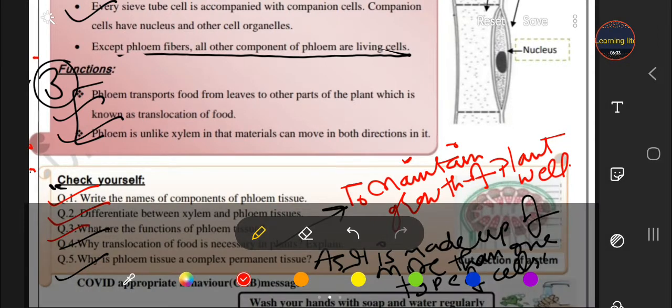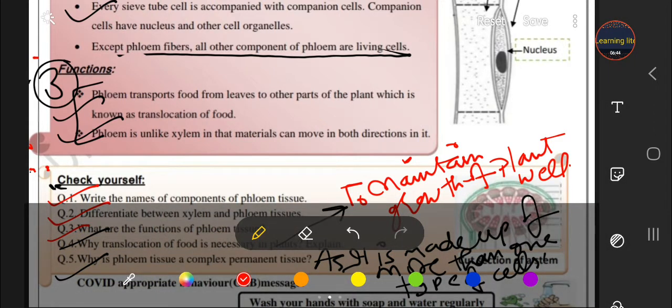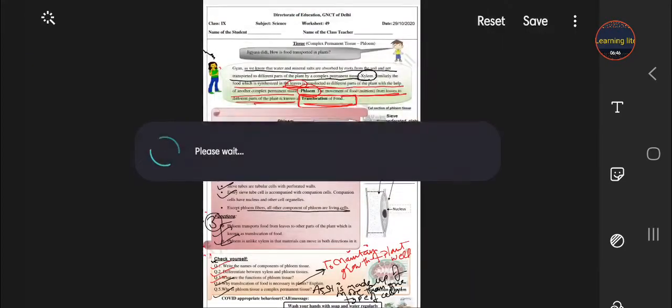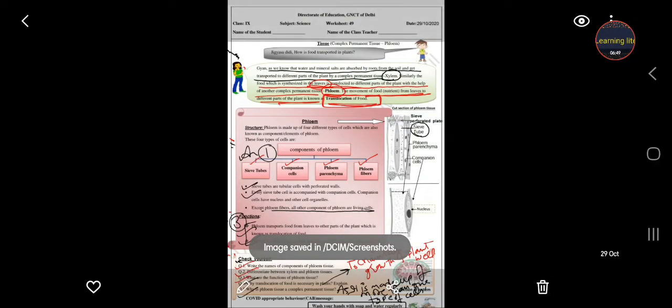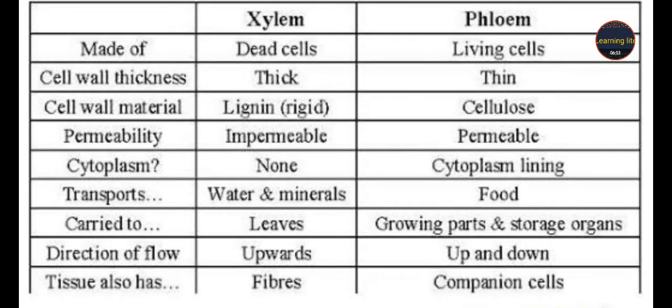Okay. Now the second question, differentiate between xylem and phloem. So let's note down all the differences, students, and it is very easy. These are the differences, students, between xylem and phloem.